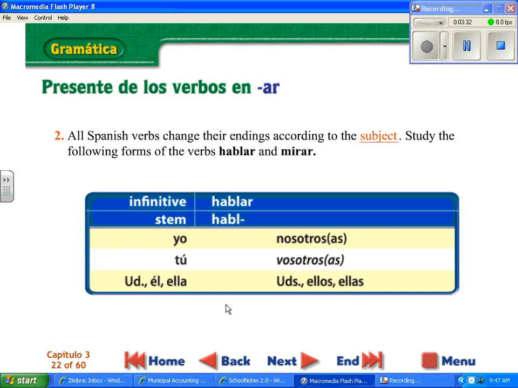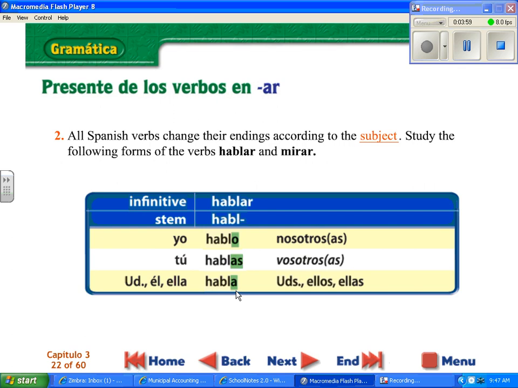Let's practice the verb hablar. Please repeat after me. Yo hablo. Tú hablas. Usted habla. Él habla.